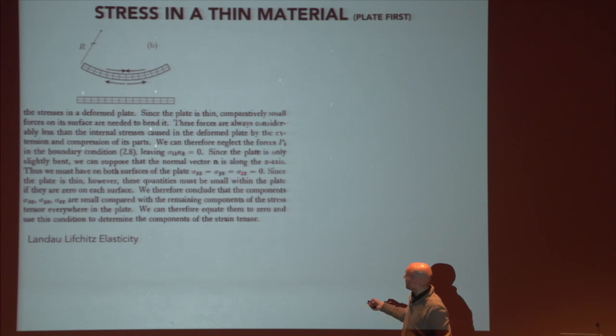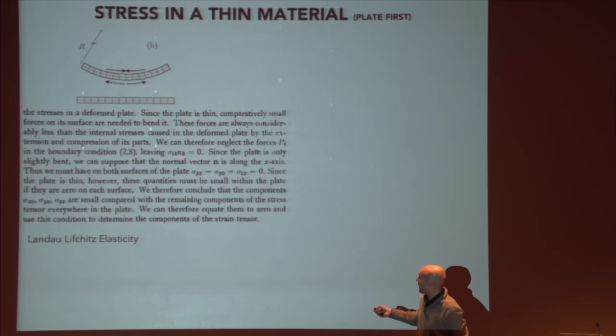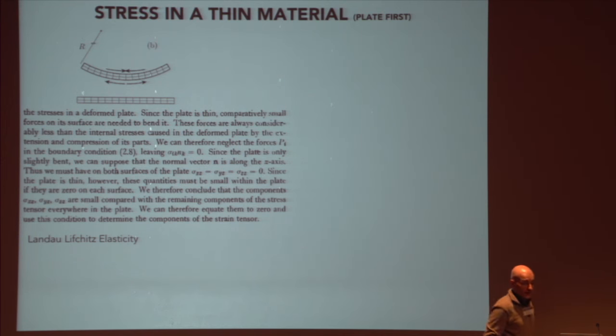All the components that have z are essentially 0, and the tensor is symmetric. So sigma zx, zy, and zz are equal to 0 as well. So this is the basis for calculating the elastic properties of a plate.